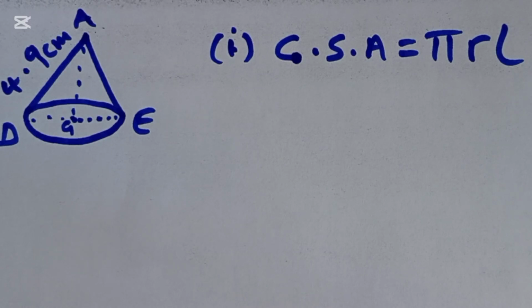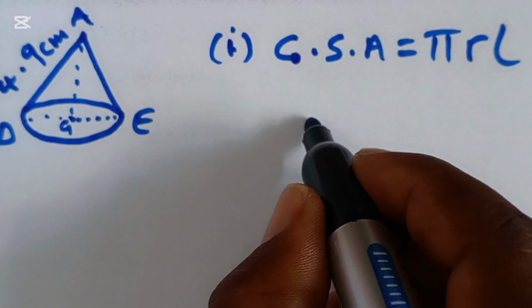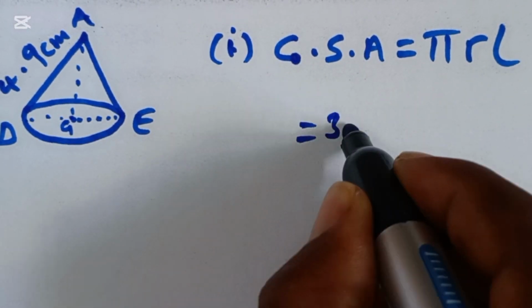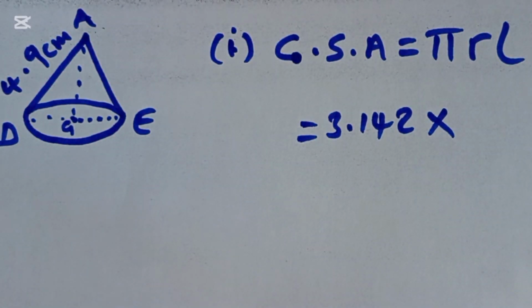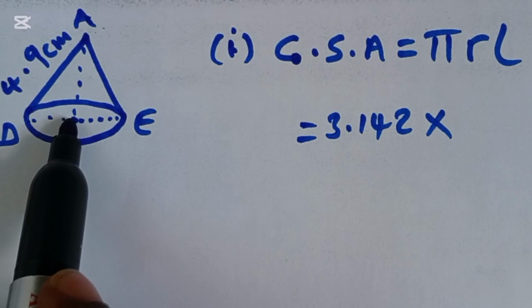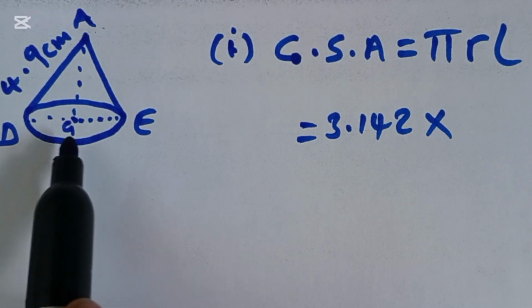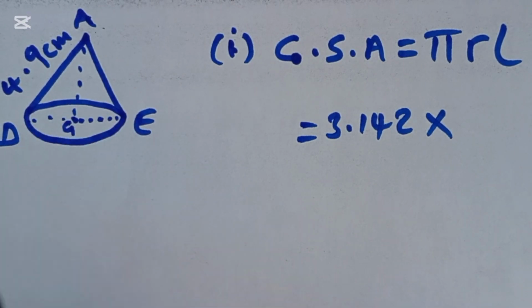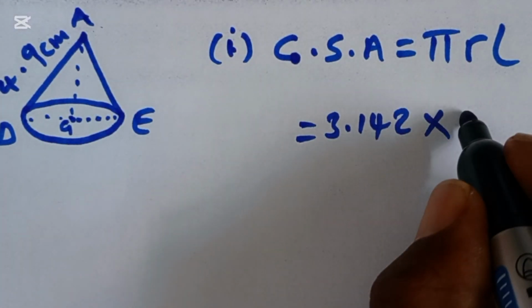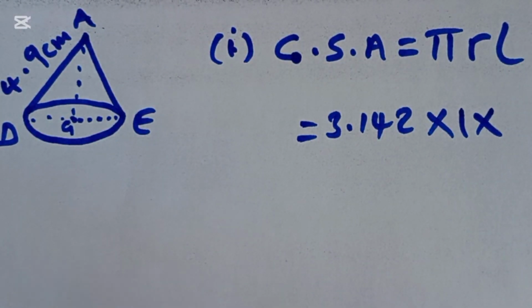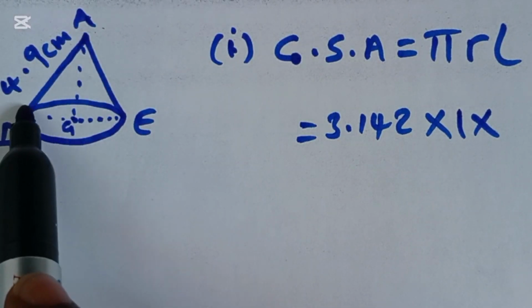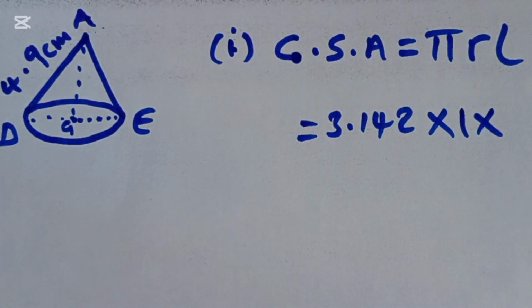So we have pi is 3.142 times radius. So the radius is 1. So DG is 1, which is the same as GE. So DG is 1 centimeter. That is our radius. Times the slant length. The slant length is 4.9.